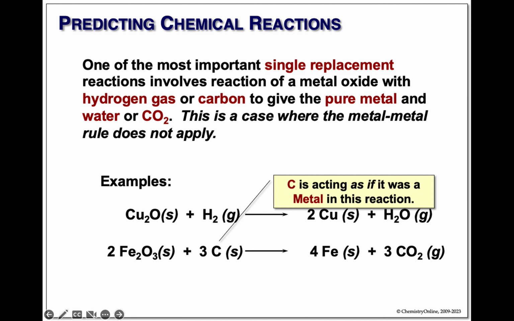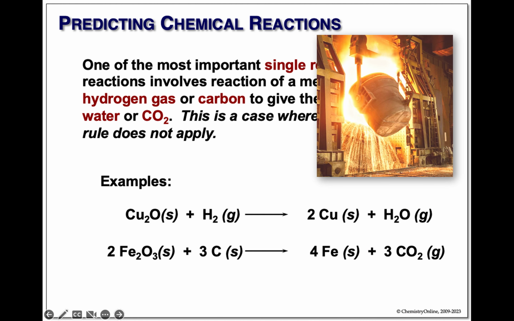This, hello, is what they do in Gary. Take iron 3 oxide, take carbon, that's coal, heat it up in a giant blast furnace, and make molten iron.